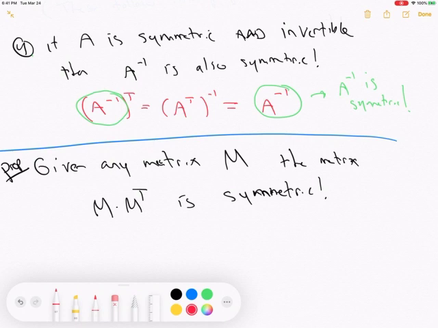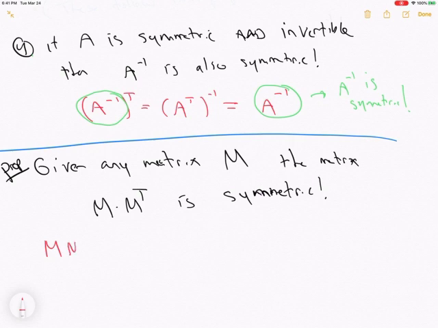It's clearly symmetric just by properties of the transpose, because for M times M transpose to be symmetric, it should equal its own transpose. The transpose of a product of matrices is the product of the transposes in reverse order, and the transpose of the transpose is just the matrix itself.